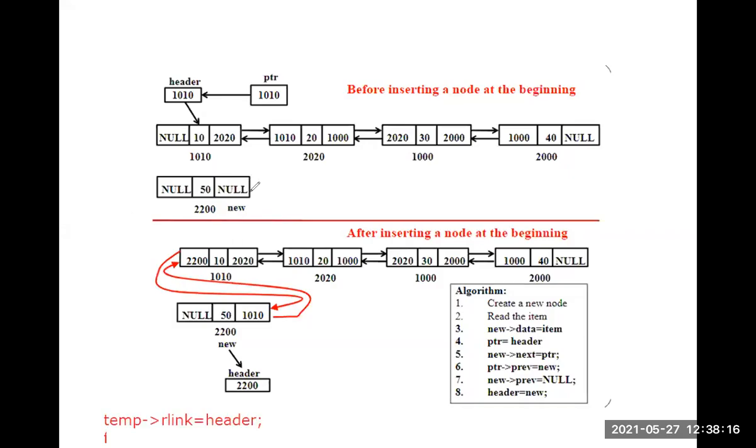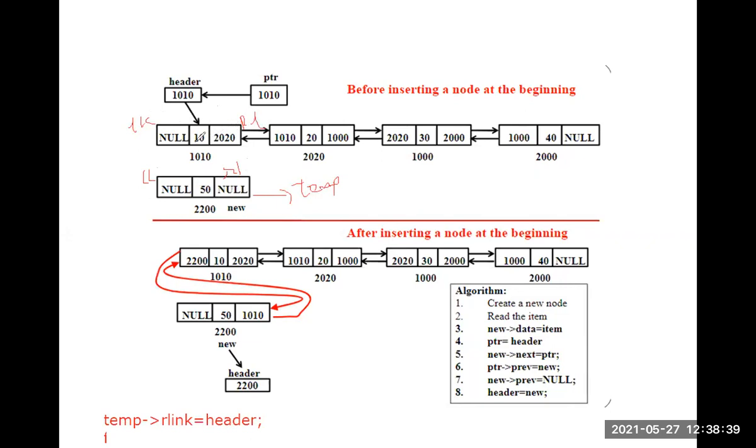This name I have taken as temp. So this is temp of right link. This is temp of left link. This is head of left link. This is head of right link.